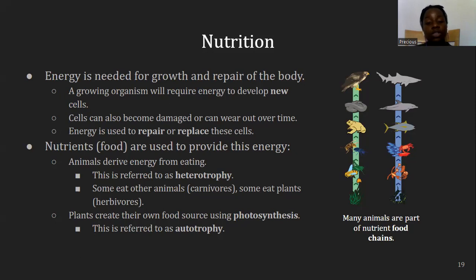That process of making your own food by yourself without needing to feed on another living thing is called autotrophy. Okay. The process by which plants create food from the sun using energy from the sun is called photosynthesis. So all of these are just processes under nutrition, which is just a way with which living things are able to gain nutrients from the environment.